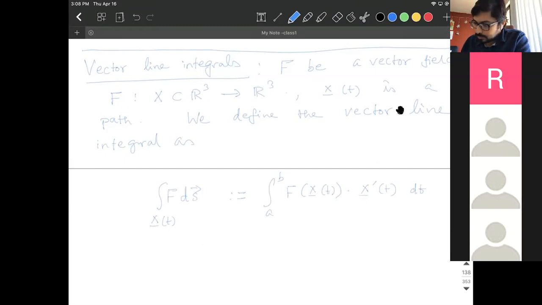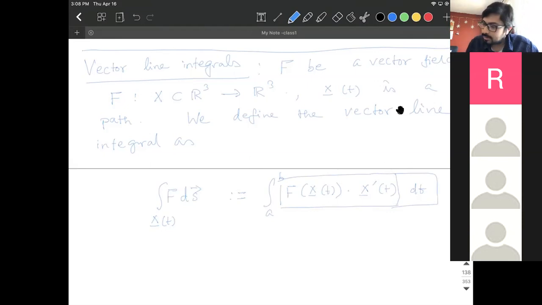So what is the main question: what does this quantity compute? Or in general, what does this whole thing compute? F is a vector field, so F applies, let's say, the force on a particle moving in this path x(t).